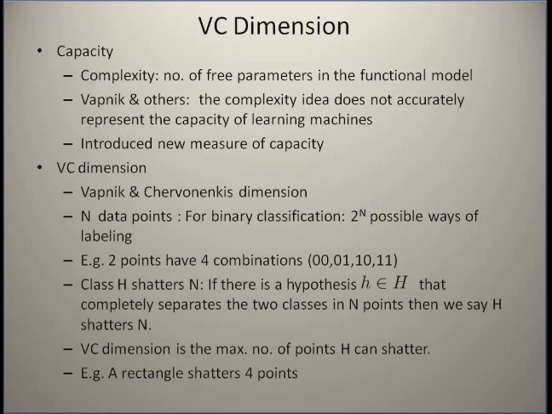The maximum number of points n that can be shattered by a particular hypothesis class H is called its VC dimension, and it is usually denoted as VC of H. Let me repeat.